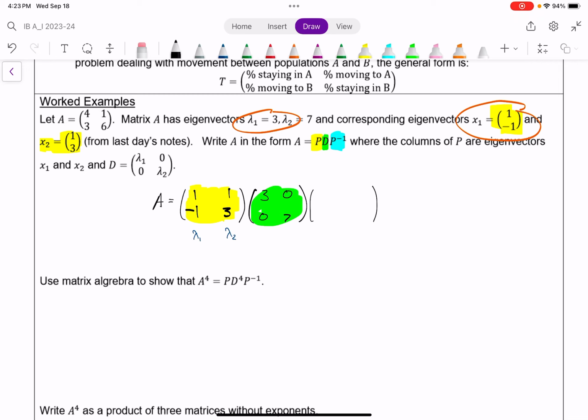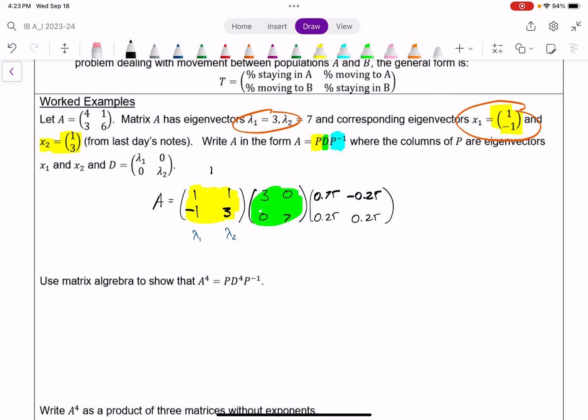You want to find the determinant, and again, you're fine to use a GDC. And I would literally just type in this matrix and raise it to the power of -1, and you should get this. 0.75, -0.25, 0.25, and 0.25.